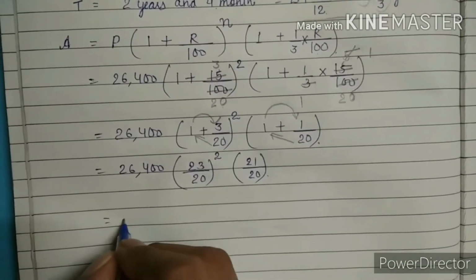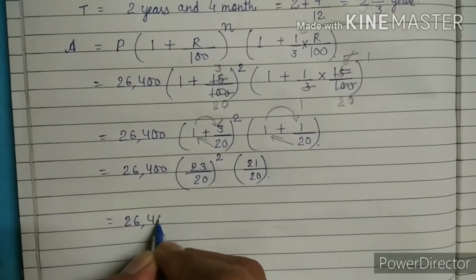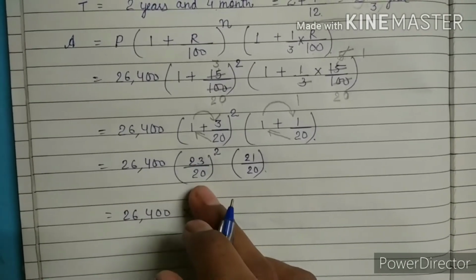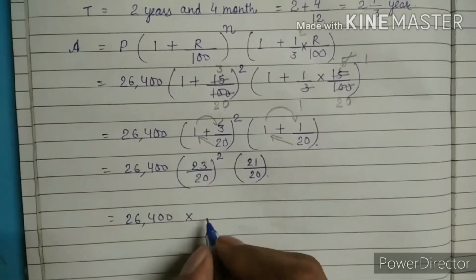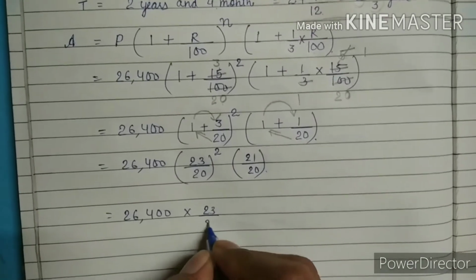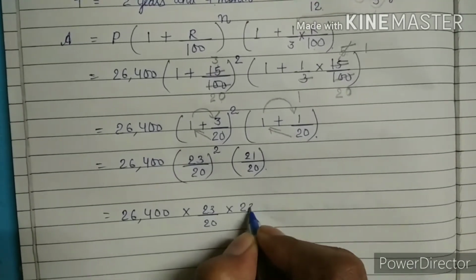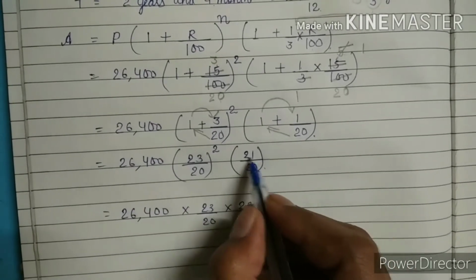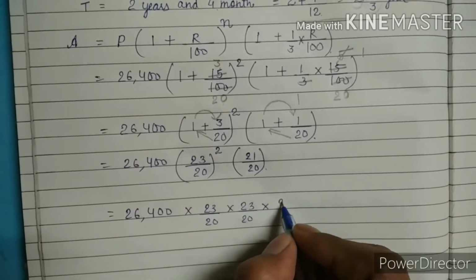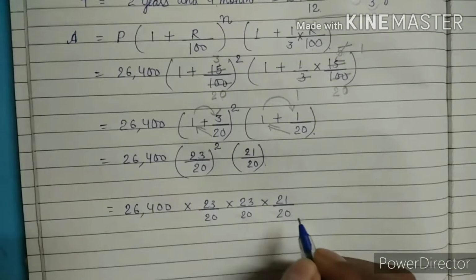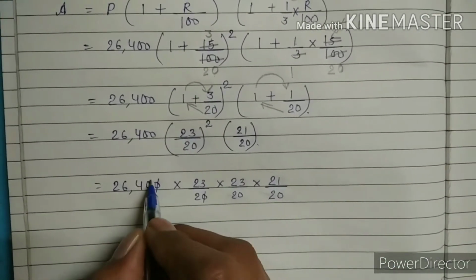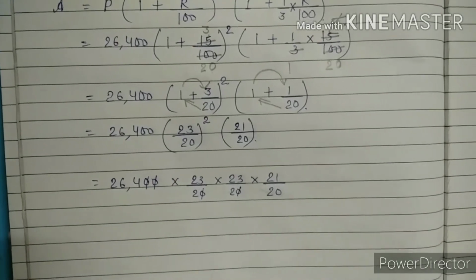So as you can see, here we have 26,400 multiplied by 23/20, whole power is 2. That's why we will write 23 by 20 two times, and 1 time 21 by 20. So easily we can cut 10 to 10, 10 to 10.